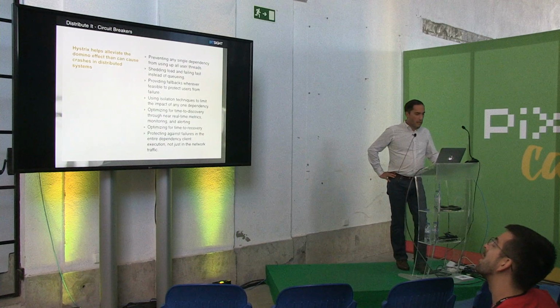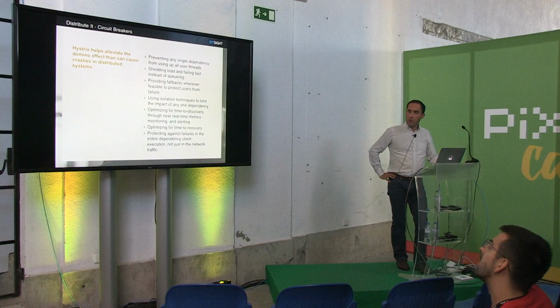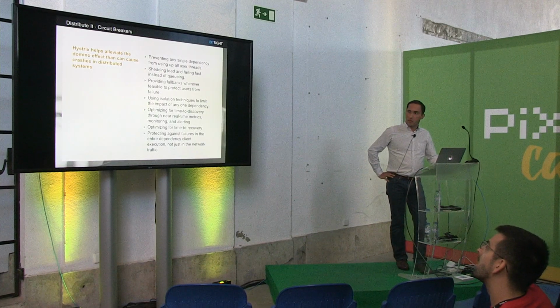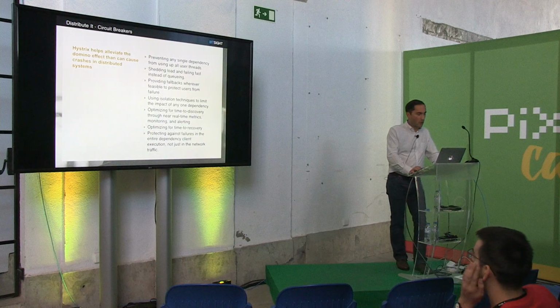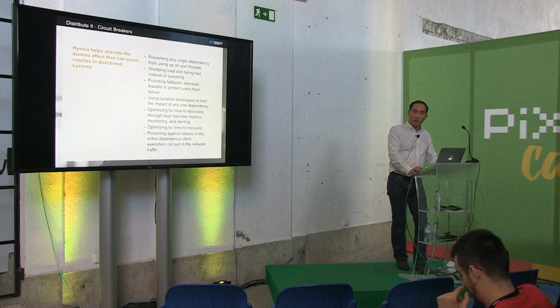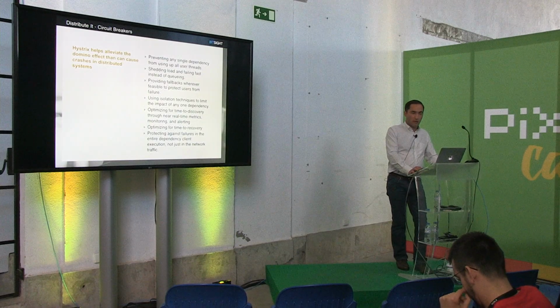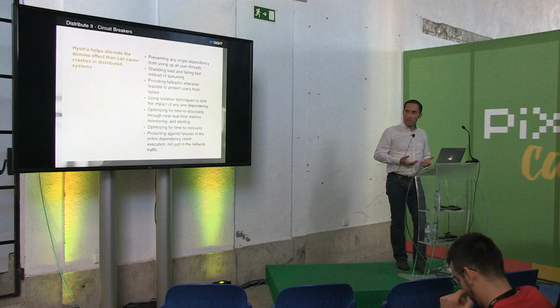Hystrix is an API that you can use to help solve this problem because it prevents and isolates all these errors that can happen in a microservice. It gives you fallbacks, and you can manage your own state and see, hey, my database is down.